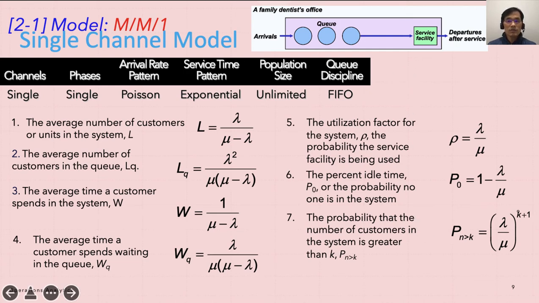The single channel, single phase model considered here is one of the most widely used and simplest queuing models. It involves assuming that seven conditions exist. First, arrivals are served on a first-in, first-out basis. Second, every arrival waits to be served; there's no balking or reneging. Third, arrivals are independent of preceding arrivals.